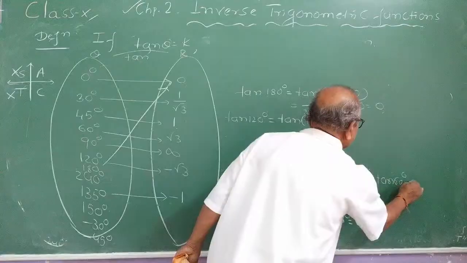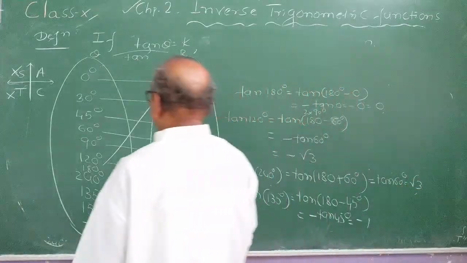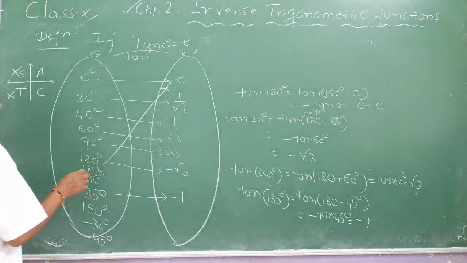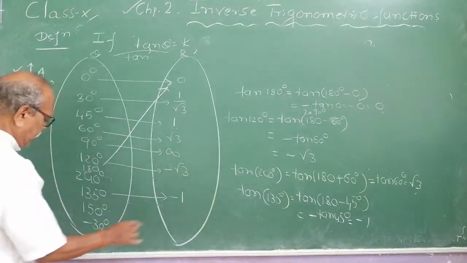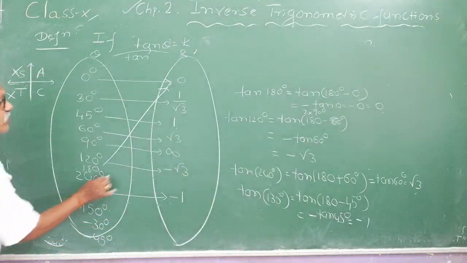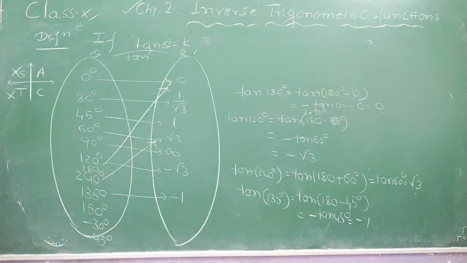Tan 60 degree is root 3. Observe, when tan 60 is root 3, tan 240 is root 3. It will not be one-one. Therefore, the restricted area wherein it cannot be one-one is second quadrant and third quadrant.